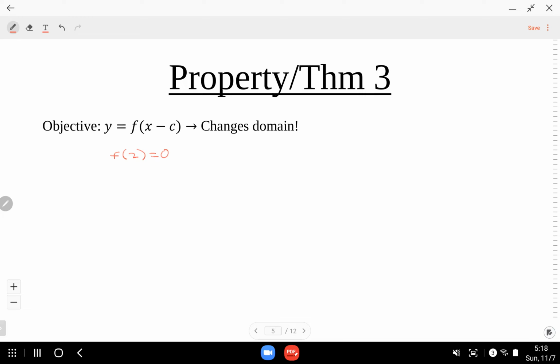And if you were to subtract 2 from the x value of this, then you would get 0, 0. So you're going to be shifting it horizontally, right?